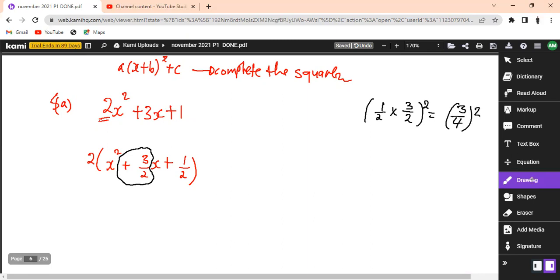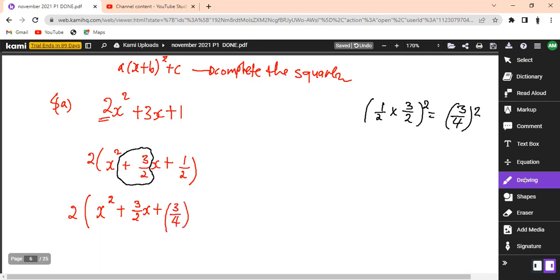So what we are going to do is take out this part here. We are going to have 2 into x plus the square, and that is the one we have to add. So it's going to be x squared plus, we write down the middle term as it was, 3 over 2x plus, now we add this square, which is 3 over 4 squared.